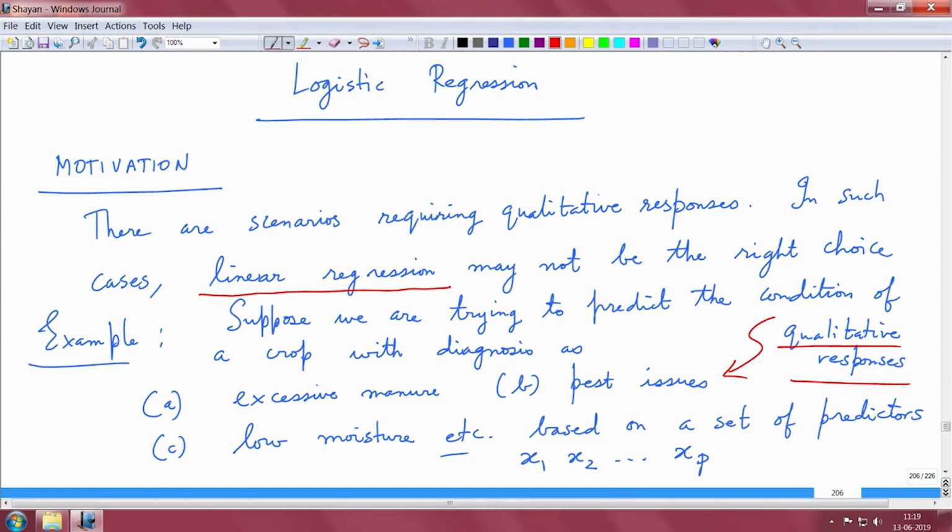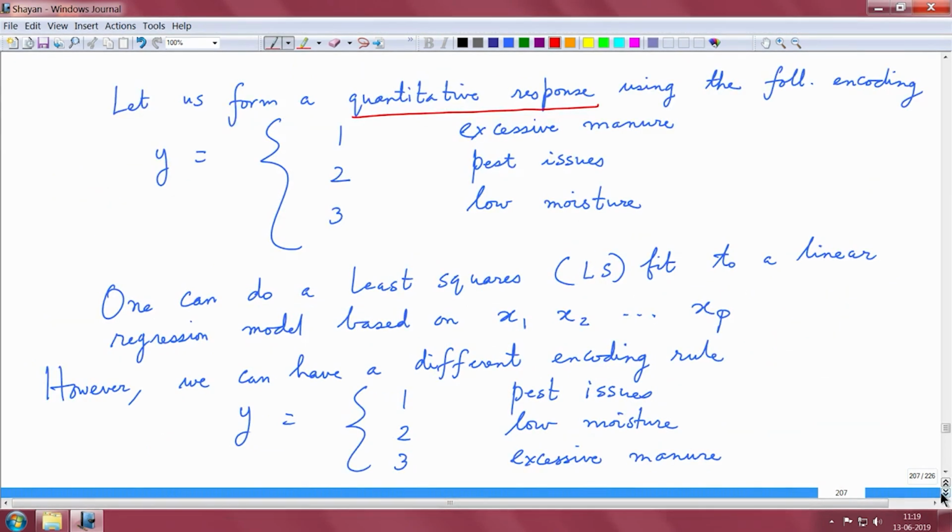Suppose we are trying to predict the condition of a crop with some diagnosis, and this diagnosis can have qualitative responses such as excessive manure, pest issues, low moisture content, etc., based on a set of predictors x1, x2, and so on till xp. You can think of various scenarios where we may need qualitative responses.